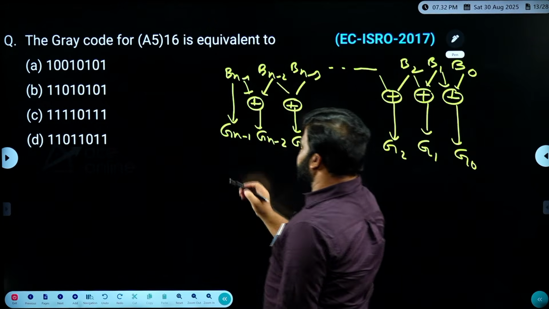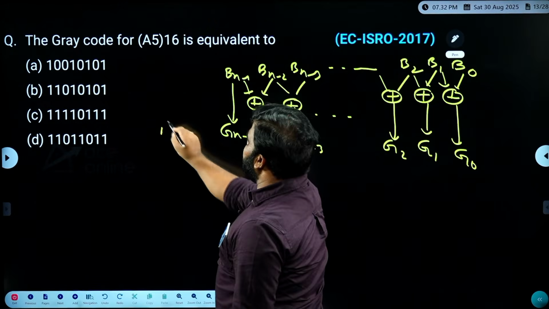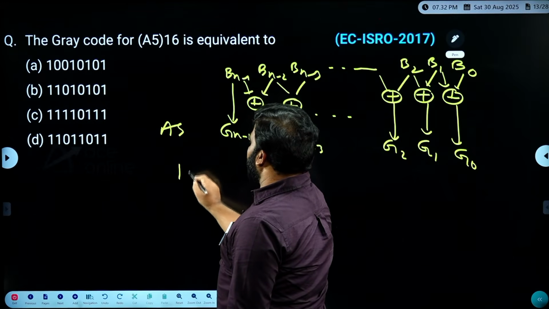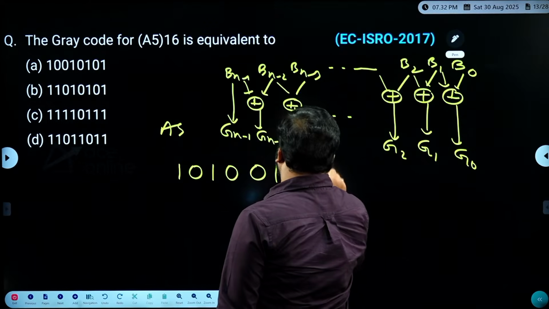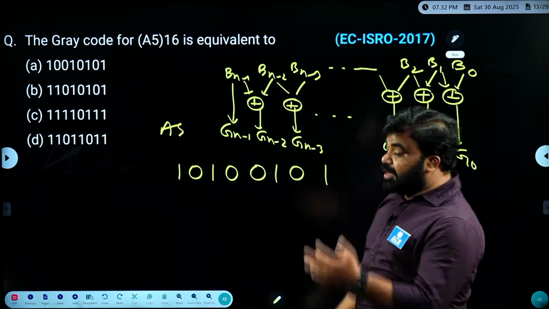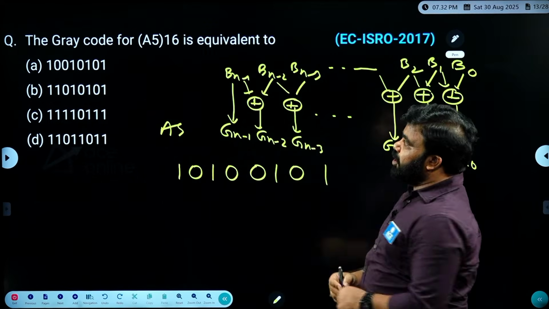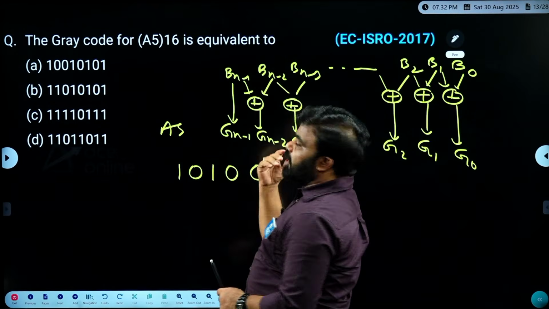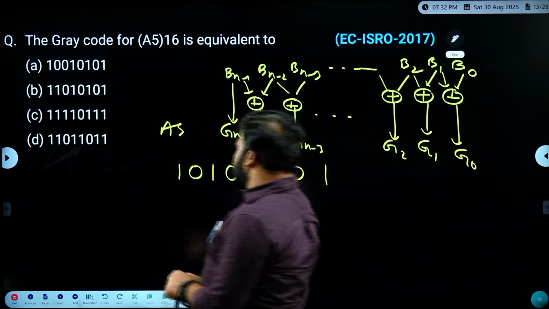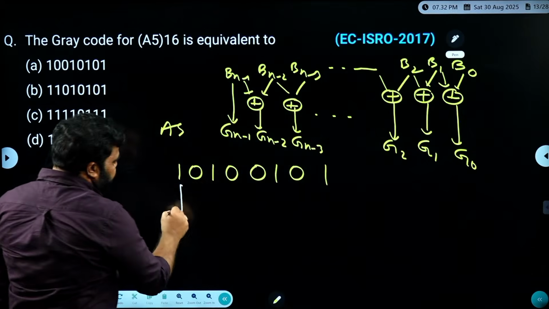What is it here? Given is A5. So A5 equivalent to A is 1 0 1 0, 5 is nothing but 0 1 0 1. Now I need to get a gray equivalent of this binary. So let me do that, MSB as it is.